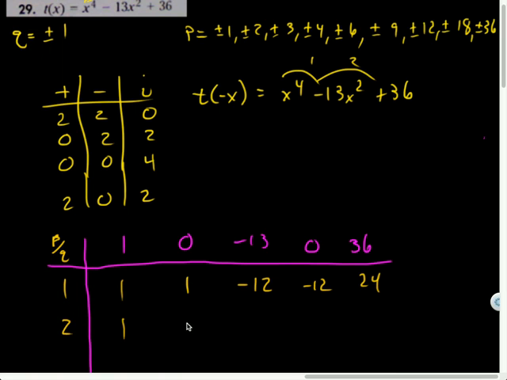It's possible. So 2 times 1 is 2, with a 0 is, nope, 2. 2 times 2 is 4, with negative 13 is negative 9. Ooh, 2 times negative 9 is negative 18, with 0 is negative 18. There we go. So it seems to have worked out in our favor.